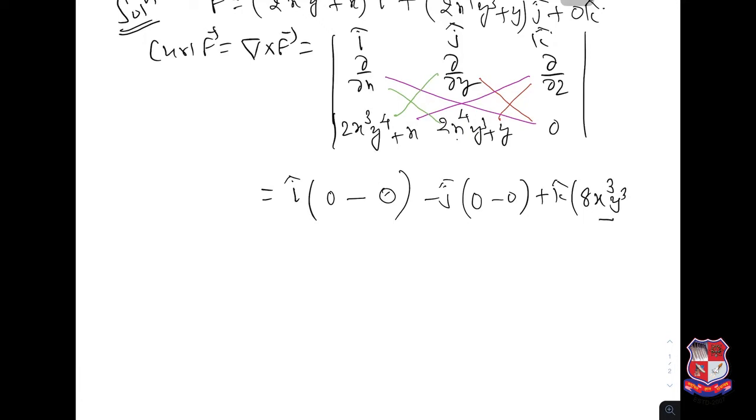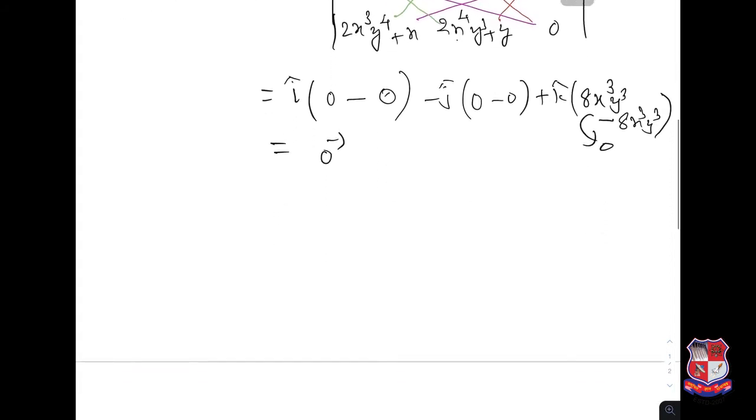So minus derivative with respect to y, 8x cube y cube, and here it is x, so there is no y, so its part is 0. So it's okay. So now you can say that this is a 0 vector because this one is also 0. So that means f is irrotational.